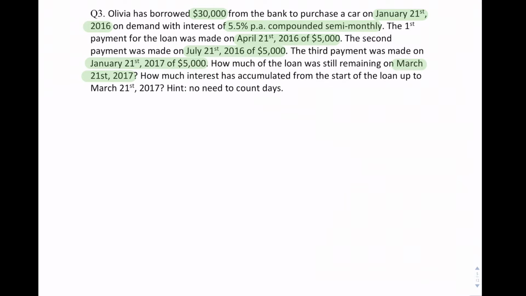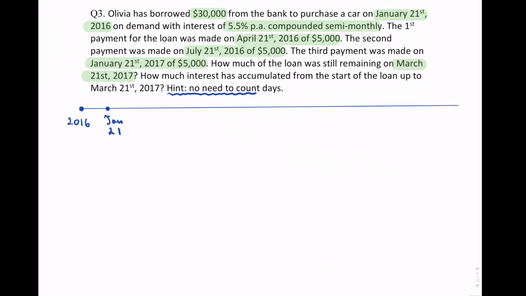As usual, let's start with the timeline, just so that we can visualize this whole thing. So we have 2016, January 21st. Actually, notice there's even a hint, so no need to count days.